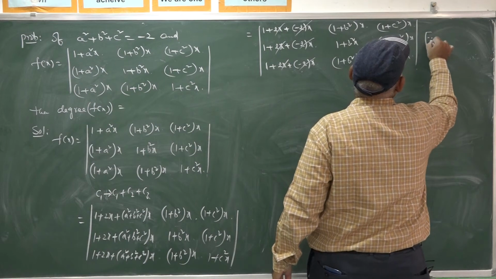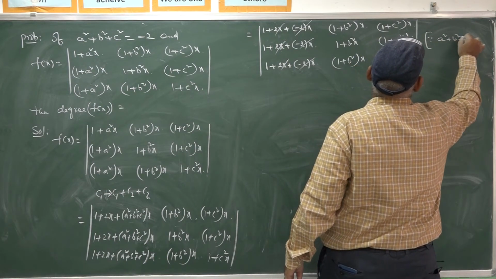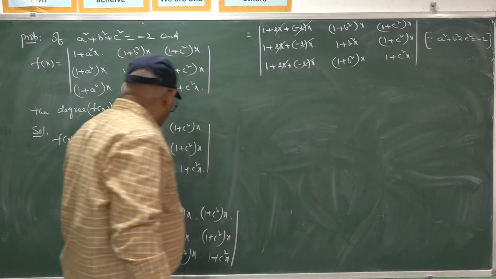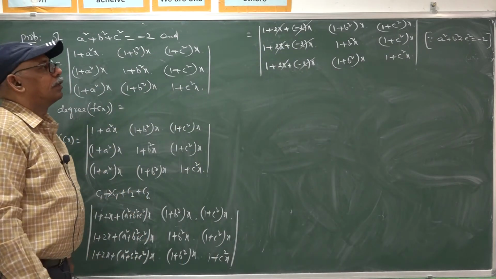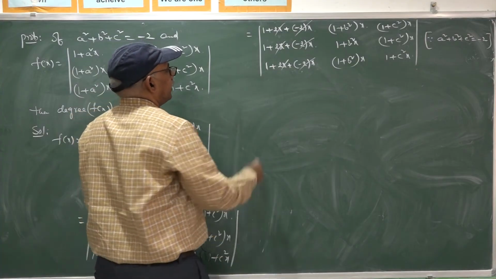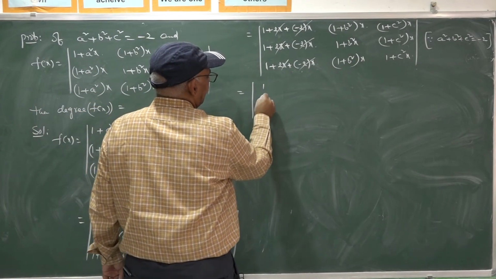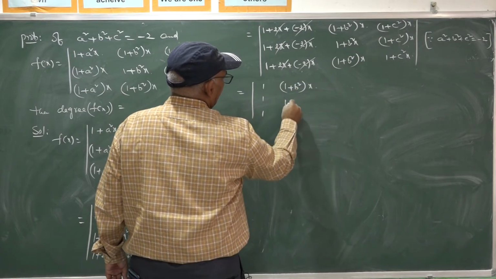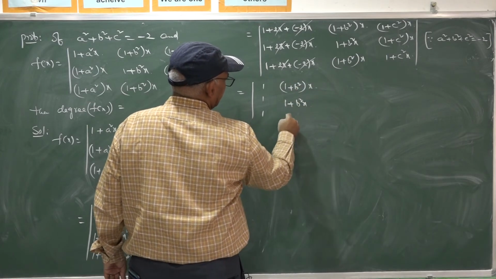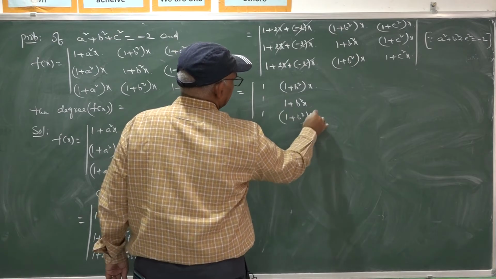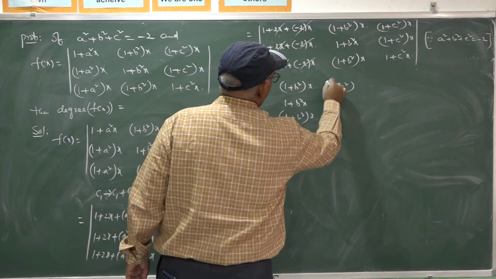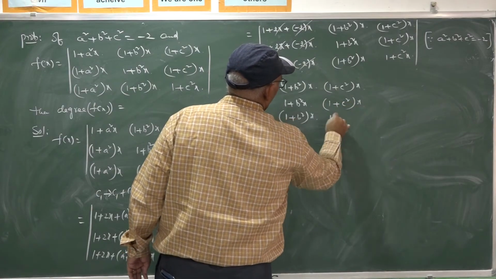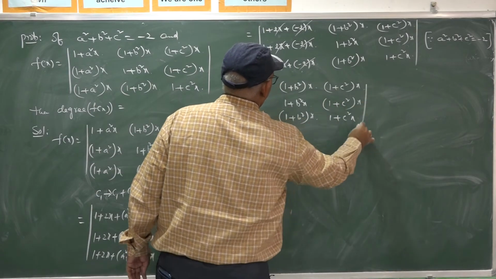Since a square plus b square plus c square is equal to minus 2, I am taking a square plus b square plus c square as minus 2 here. Now the determinant becomes 1, 1, 1, 1 plus b square x, 1 plus b square x, 1 plus b square into x, 1 plus c square multiplied x, 1 plus c square multiplied x, 1 plus c square x.